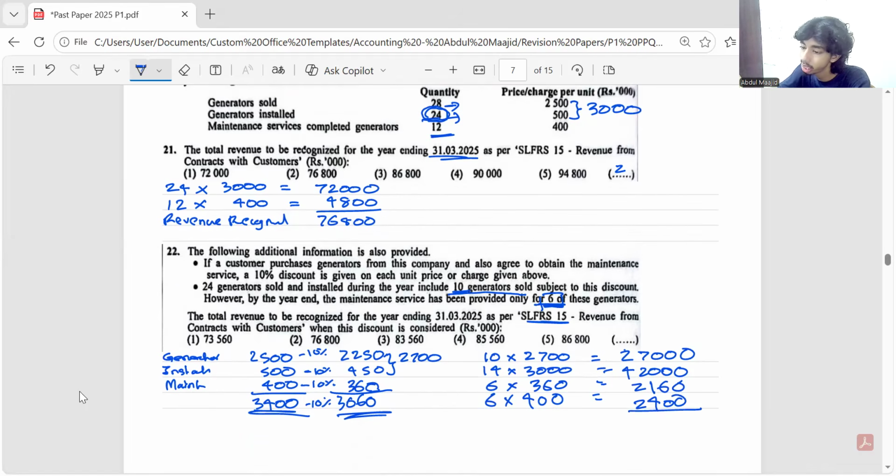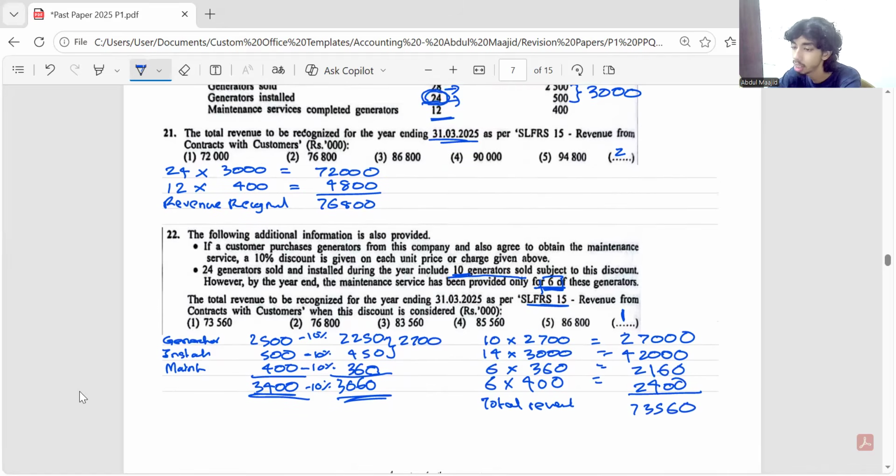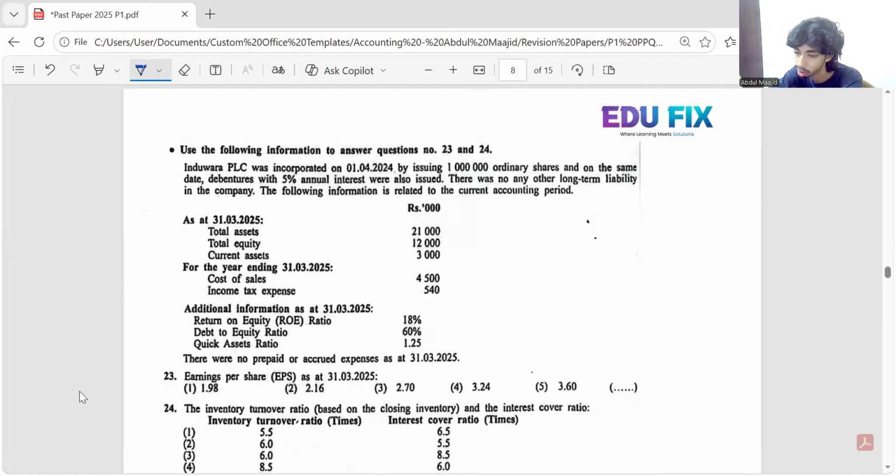Then what will be the correct total revenue? That will be 27,000 plus 42,000 plus 2,160 plus 2,400, 73,560. That is answer number 1. Then moving on to question number 23.